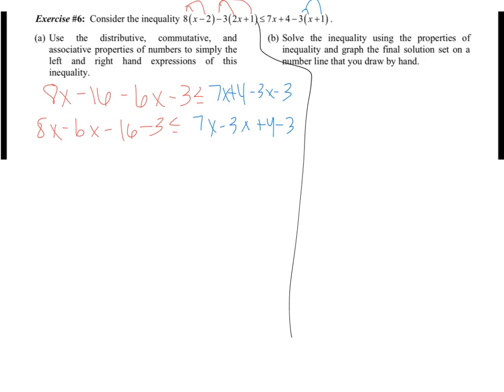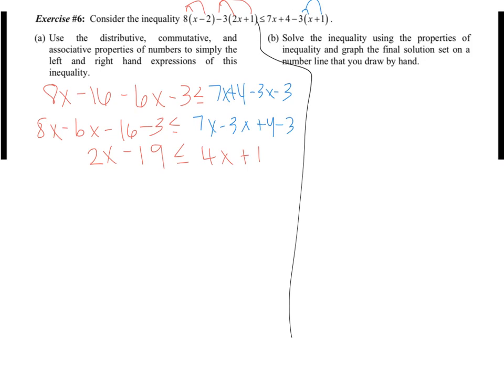Make sure that you are keeping the sign in front of what you're moving. The associative would be you could then take out negatives, whatever. I'm just going to combine like terms at this point. So 8x minus 6x is 2x. Negative 16 and negative 3 is negative 19 is less than or equal to 4x plus 1.